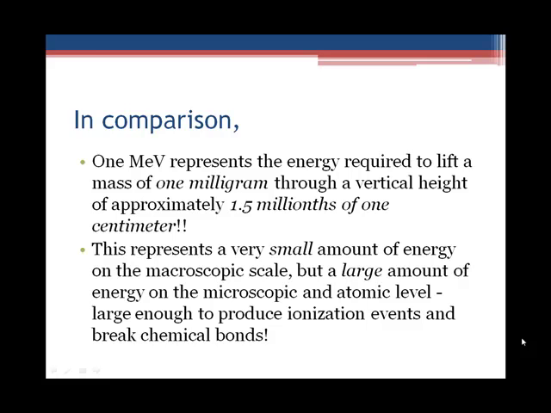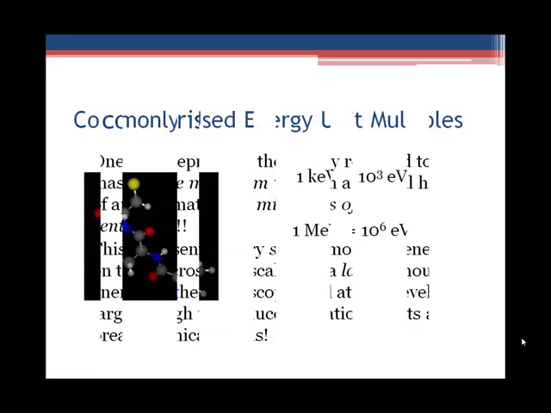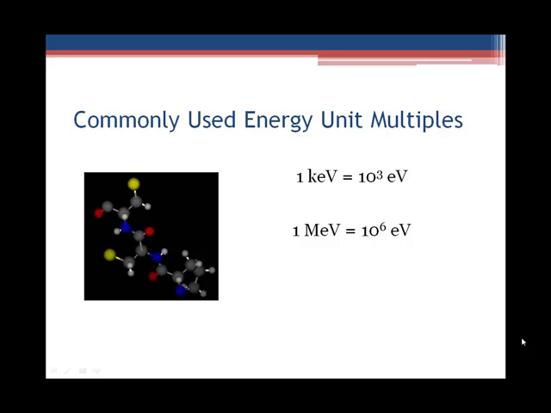This represents a very small amount of energy on the macroscopic scale, but a large amount of energy on the microscopic and atomic level, large enough to produce ionization events and break chemical bonds. The last few slides are examples of the energies of radionuclides we use.